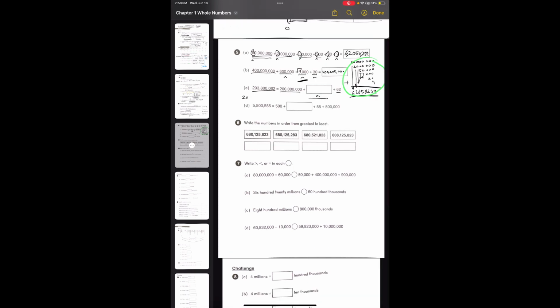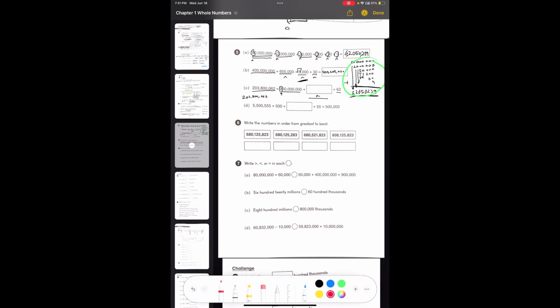So if we write our number out, 203,800,062, all we need to do is find the digit here. It's going to be in the 200 millions, right here.